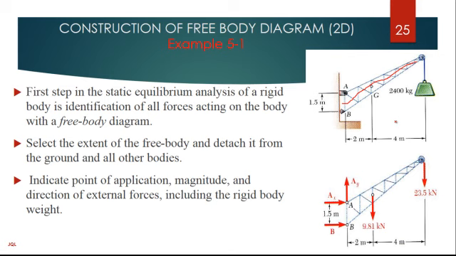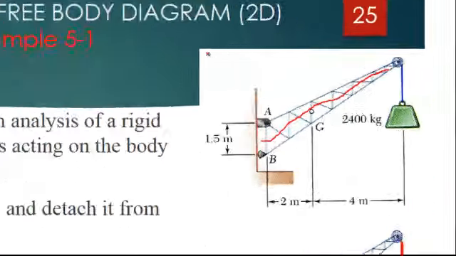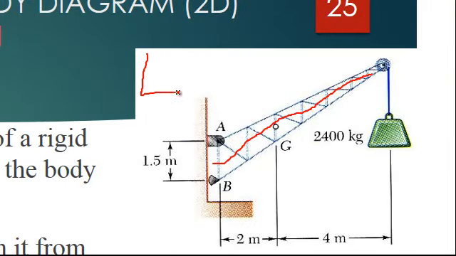So when I look at A, that is a pin connection. I need one force in the X, one in the Y. And let us not forget, we always need to define our axes, which are our X and Y. So at A, I know I'm going to have one reaction.